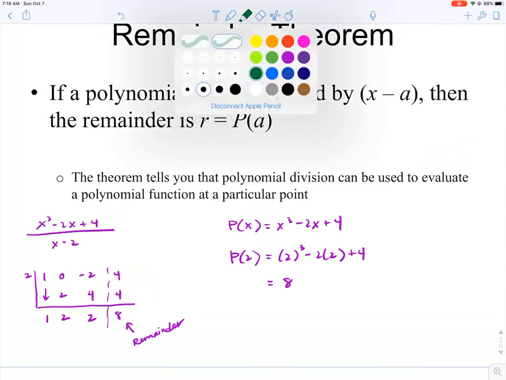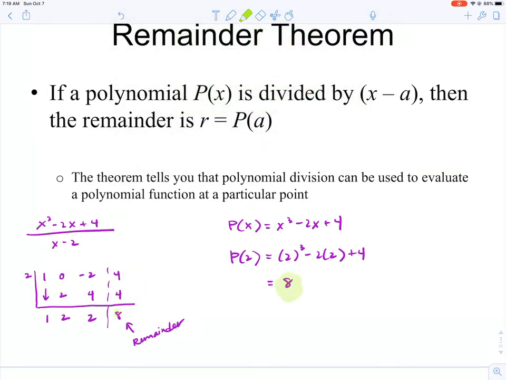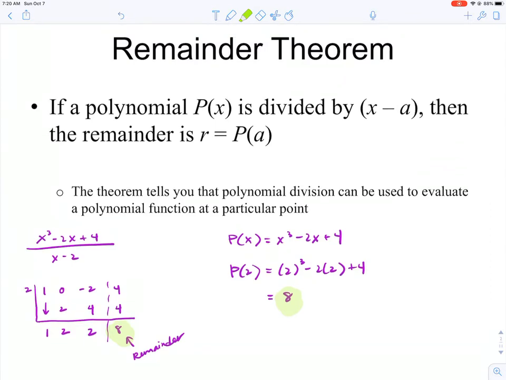Notice that 8 is also our remainder whenever we do polynomial division. So here's what the remainder theorem says, right? This is an example of what the remainder theorem says, that if a polynomial is divided by x minus a, a divisor that's in the form x minus a, then we know that the remainder will be the polynomial evaluated at a, which is what happened in this example.